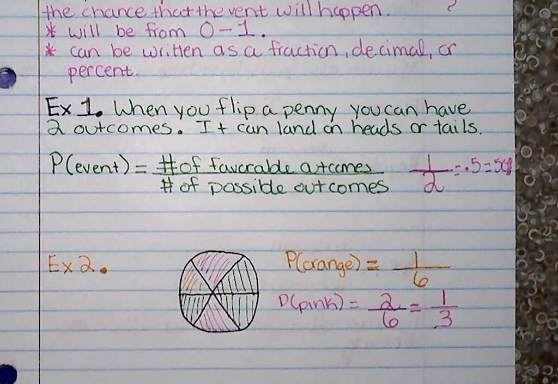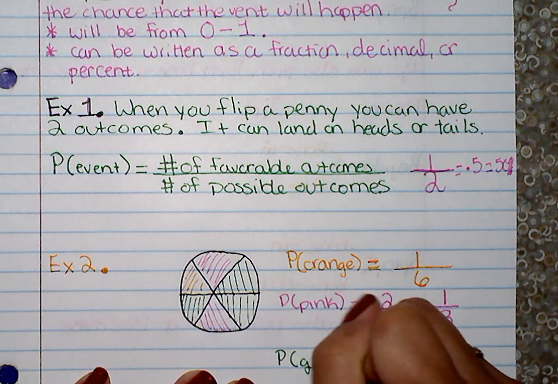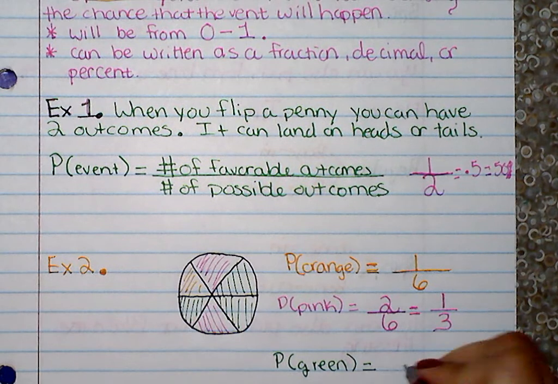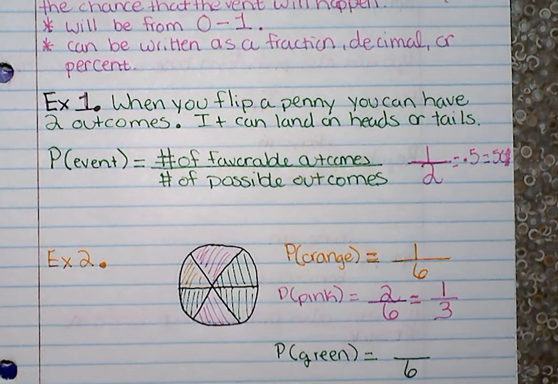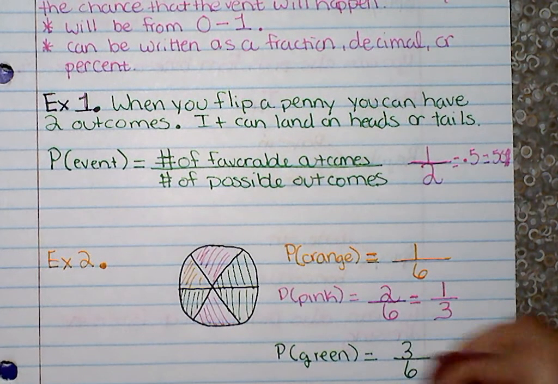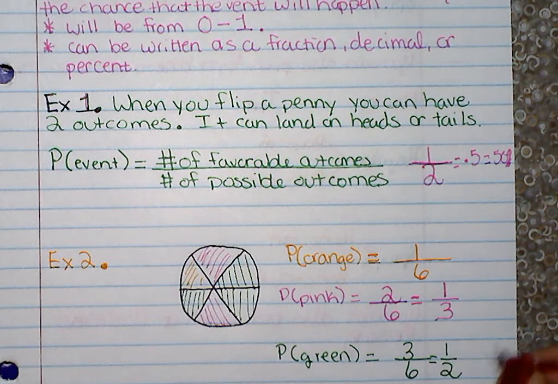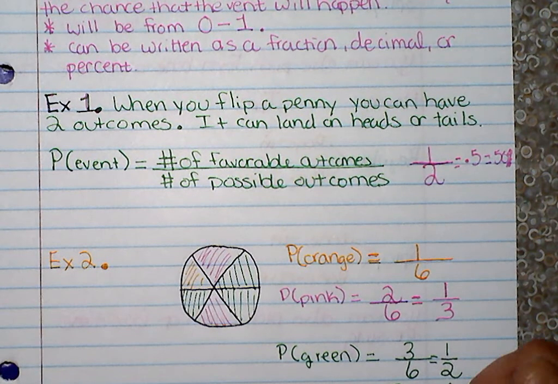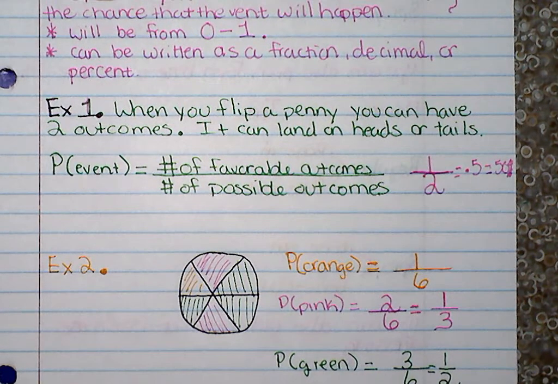Now let's look at the probability of green. I still have 6 possible outcomes with 3 green. I can reduce this. And 1/2 is also 5/10, so I have a 50% chance of landing on green if I spin 1 time.